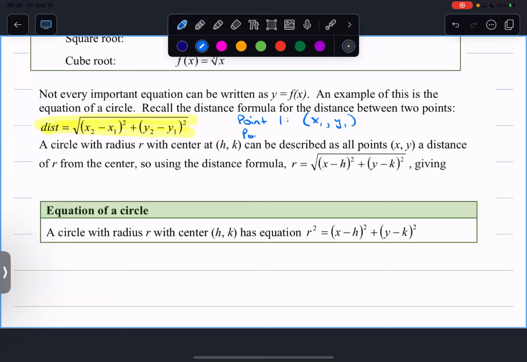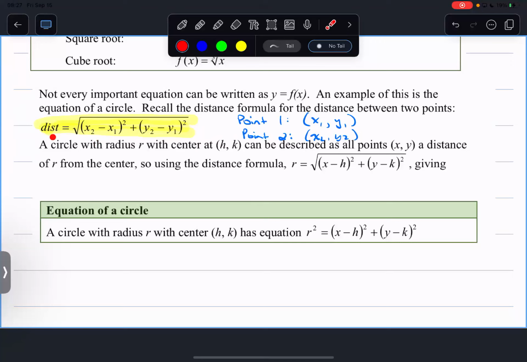And then, of course, point number 2 is x2, y2. Now we're given the distance function, and we could get there, but it would take too long for us today. So that's something I'll keep in mind. Maybe we'll do it later, but let's just take it for what it is today, and we'll use it.